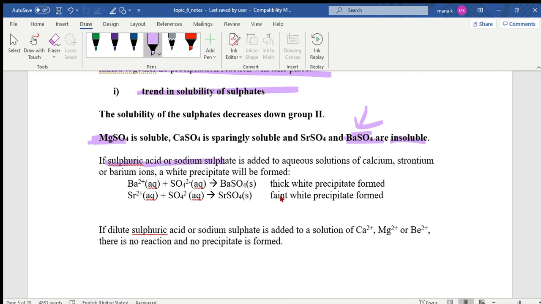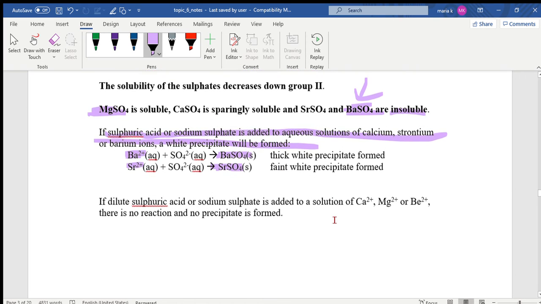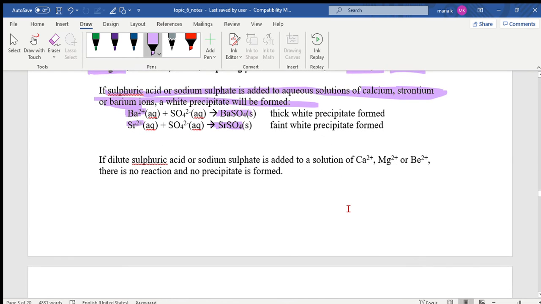If sulfuric acid is added to aqueous solutions of these, a white precipitate will be formed with sulfate ions. This is for the larger group 2 metals, the bottom ones.